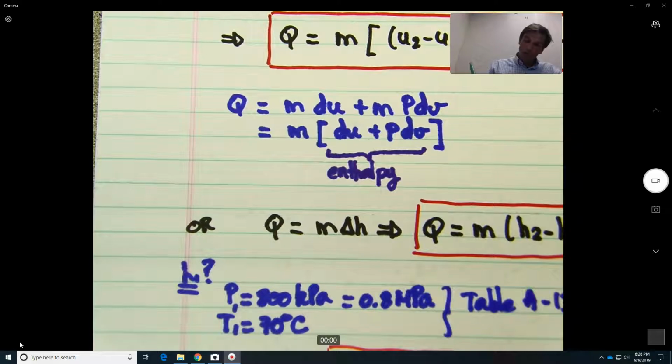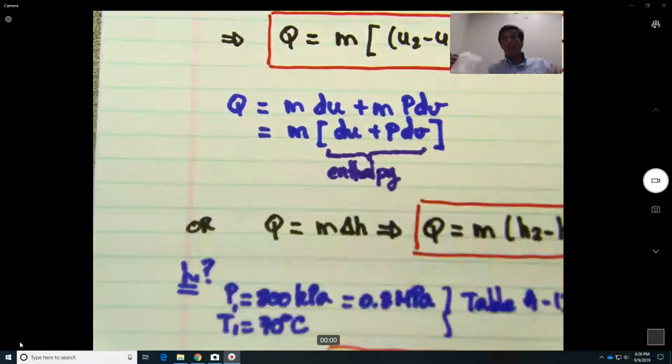What we are trying to approximate here is whatever happens to the properties along this line, we're going to say it's almost equal to this. So this will be h fluid or v fluid, whatever we're trying to find. So at T equals 15 degrees Celsius, H2 will be equal to h fluid at 15 degrees Celsius.